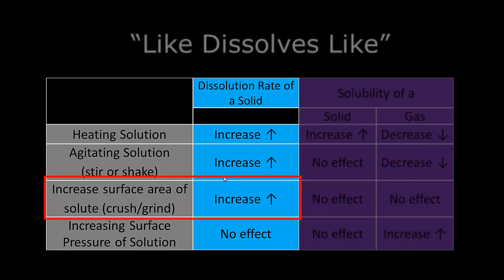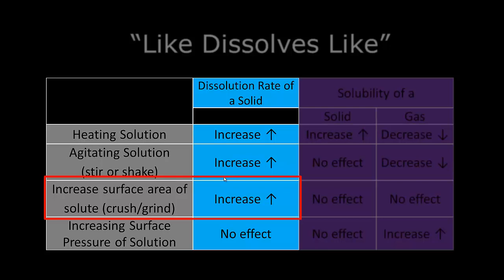Or if you add one of those drink mixes into a bottle of water, you typically put the bottle cap back on and shake it. Now, if you increase the surface area of the solute or the thing that you're trying to dissolve, that also increases the rate at which it will dissolve. And increasing the surface area means if you crush or grind it.